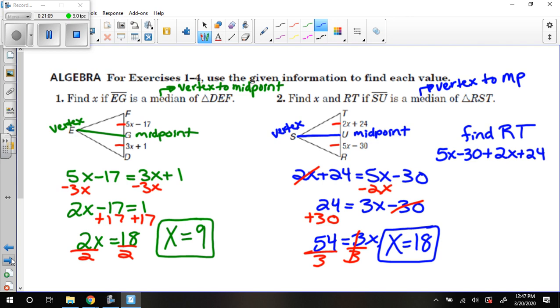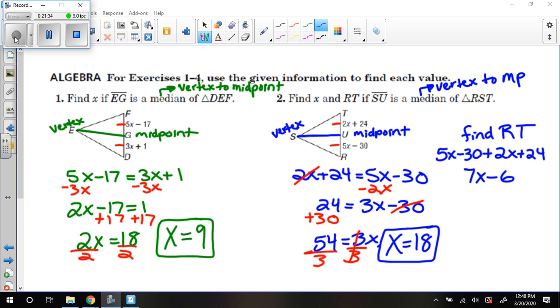So if I simplify this, we have 7x, plus, just kidding, minus 6. We know what x is. It's 18, so we can plug that in.